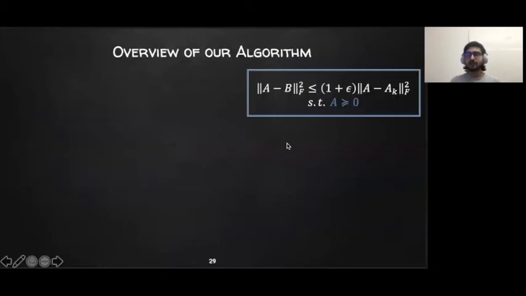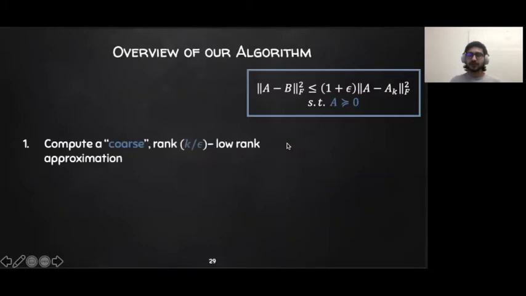Okay, with that intuition in mind, let's consider a high-level geometric overview of our algorithm. Our algorithm roughly has 2 steps. First, we find a coarse low-rank approximation where we modify the target rank and set it to be significantly larger than our original target rank, which was k.